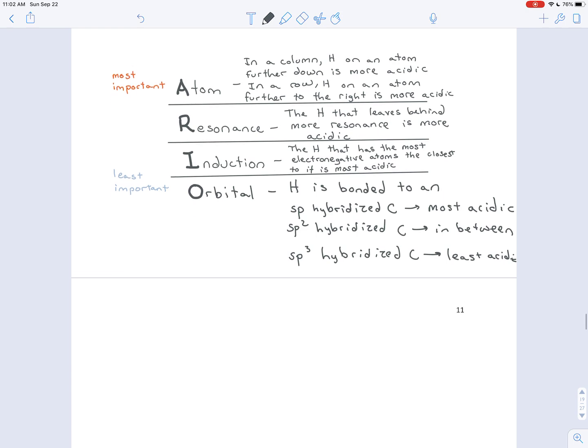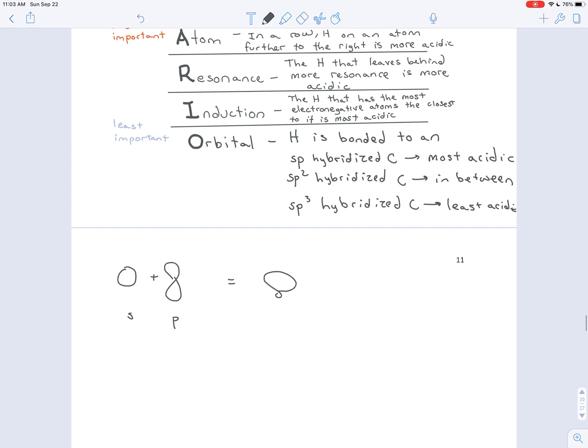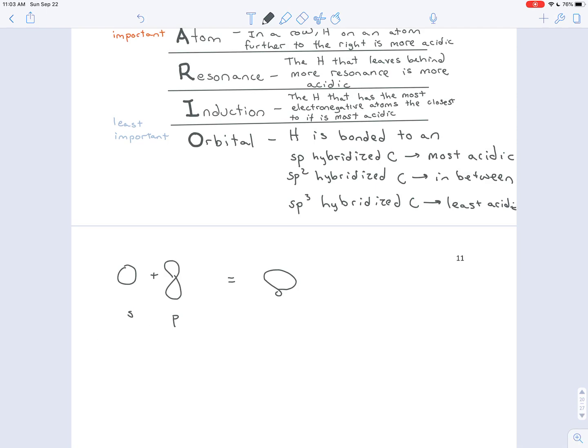The reason behind it is because of the shape of these orbitals. So if you think about an sp orbital, you're mixing an s orbital with a p orbital. Those hybridizations are really recipes for how to make the new Frankenstein orbital. So an sp orbital mixes in one s with one p, and you end up getting an orbital that looks a lot like an s. The s adds to one lobe because it's 50% s. So that's sp. If you compare that to sp2, well, now you're adding the one s to two p's.